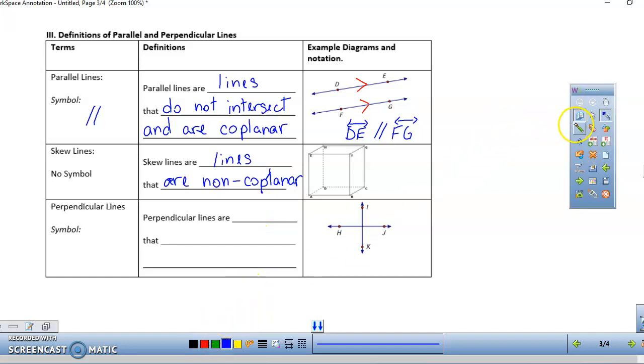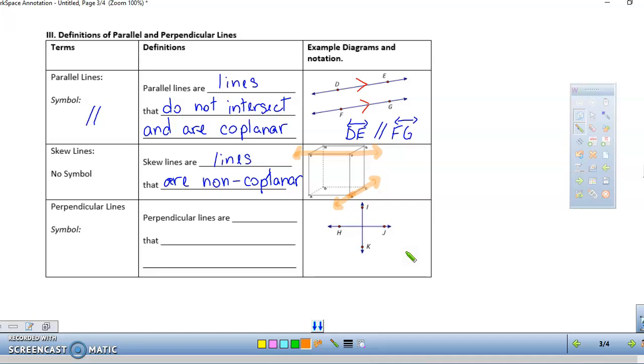Okay, so remember, we talked about skew lines in a previous lesson, but for example, if you have this line right here, and then you have this line down here, no matter how long you extend those two lines in that picture, those are not going to intersect as a three-dimensional representation.